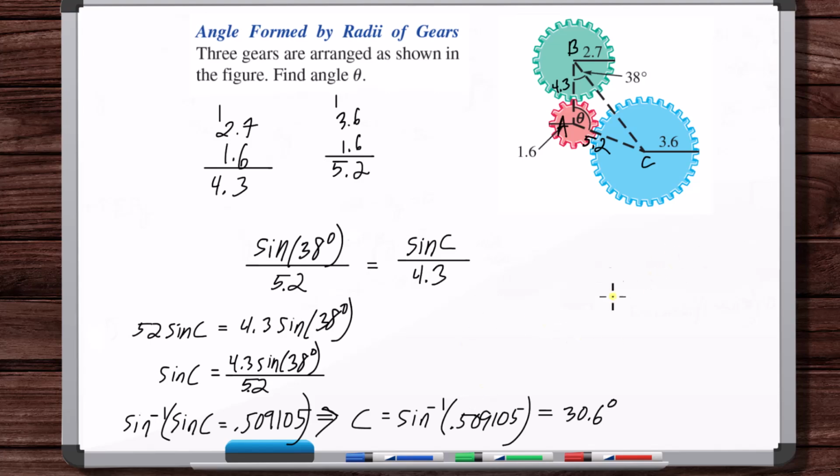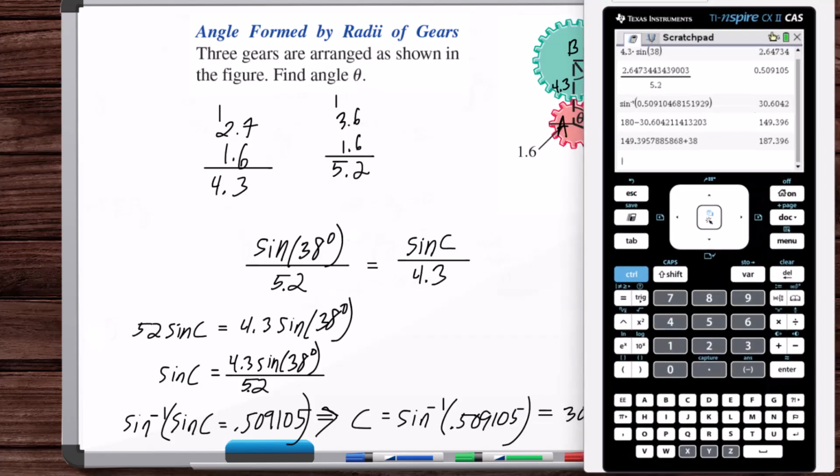Okay? But again, we're going to get into full detail on the ambiguous case of the law of sines in the next section. So, okay, so that's angle C. And so now we're home free. We could just sum the angles to get theta. So we've got this plus 30, and then 180 minus this is going to be that angle.